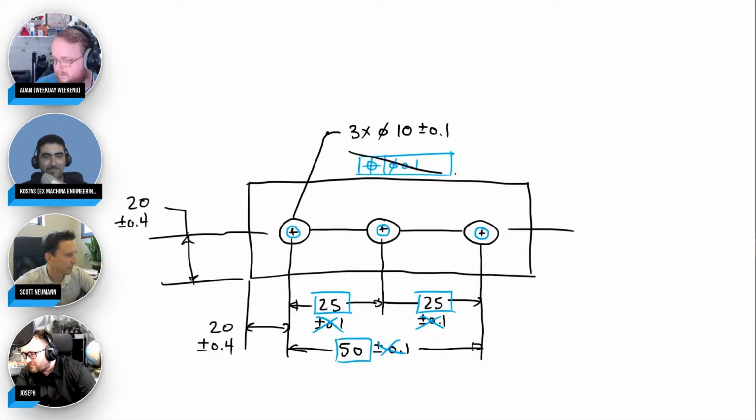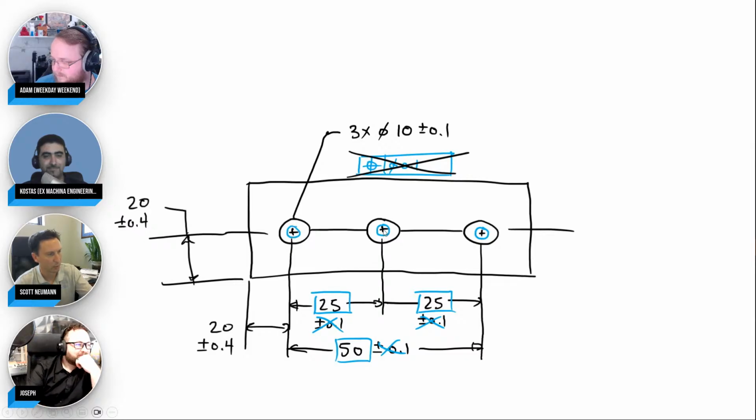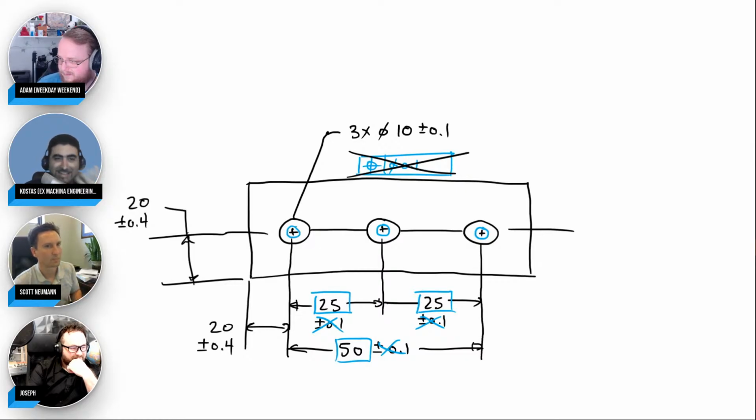Now, if we take the position tolerance off for a second, go back to plus or minus world, what does that mean, 20 plus or minus 0.4? Does that mean that hole can go up 0.4 and that hole could go down 0.4? Or does that mean they have to move together, plus or minus 0.4? Well, you're not specifying the horizontalness of it like you would in CAD, actually.